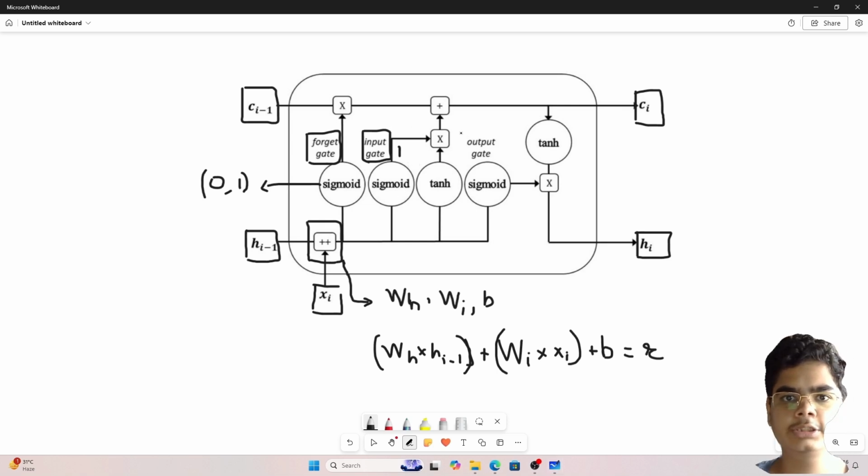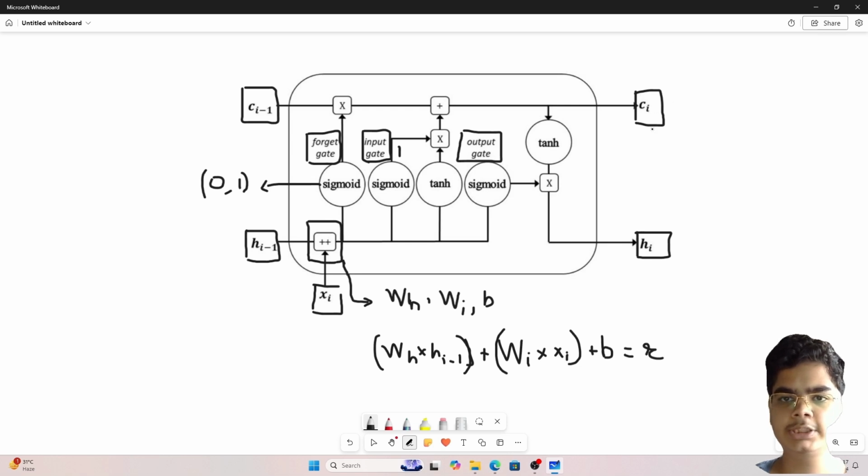So now let us understand what happens in output gate. So here as you can see, the contents of the cell state will be passed through tan h function, and also our symbolic letter R will be passed through sigmoid function, and then the output of these two functions will be multiplied and will be stored in the hidden state. So here we have hi and ci.